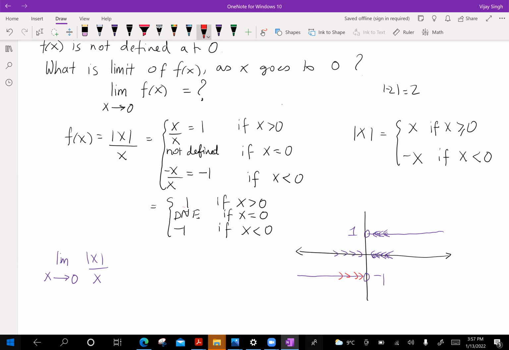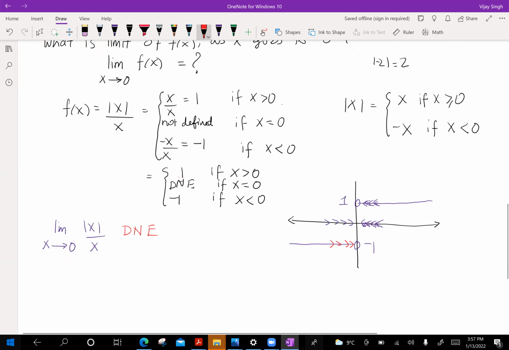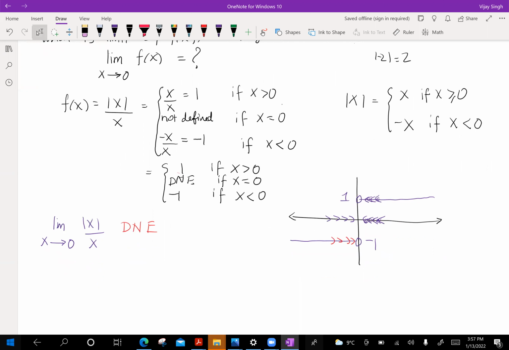Since the limit depends on which side you go from, it's not going closer to a fixed value, because it depends on which side you're going from to 0. So in this case, we say the limit as x goes to 0 of this function does not exist.